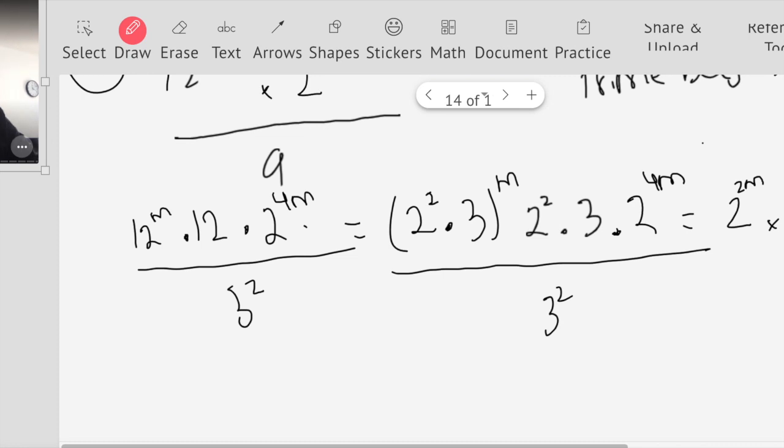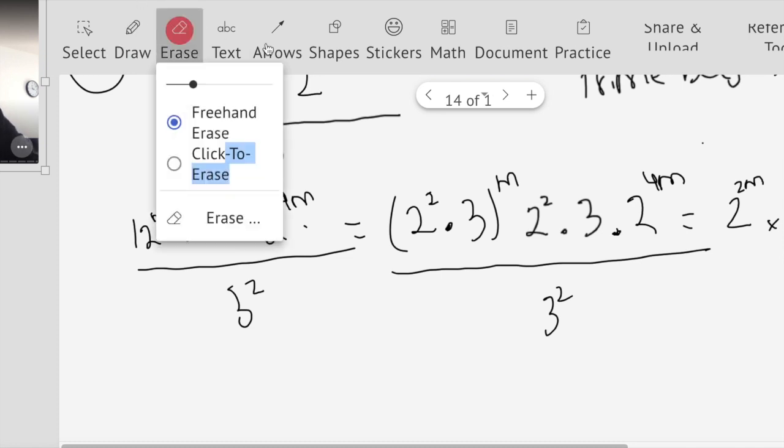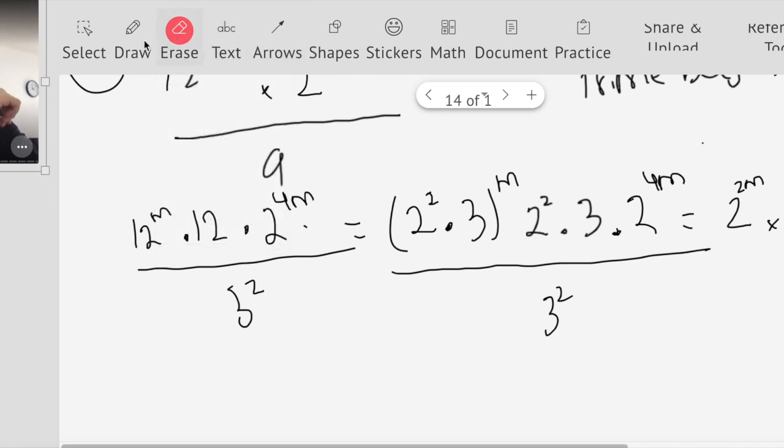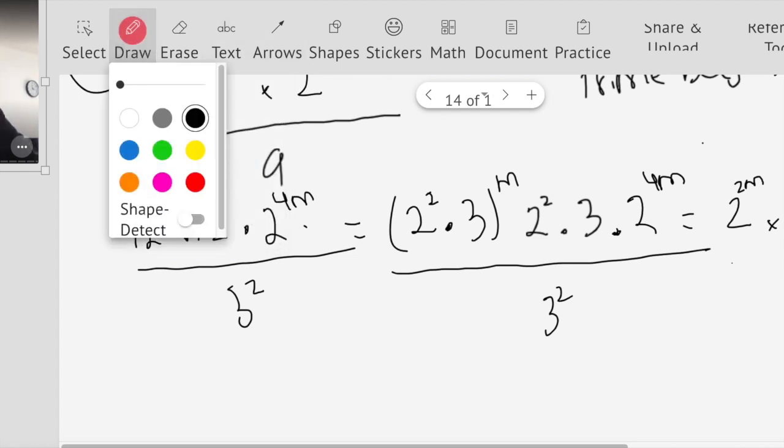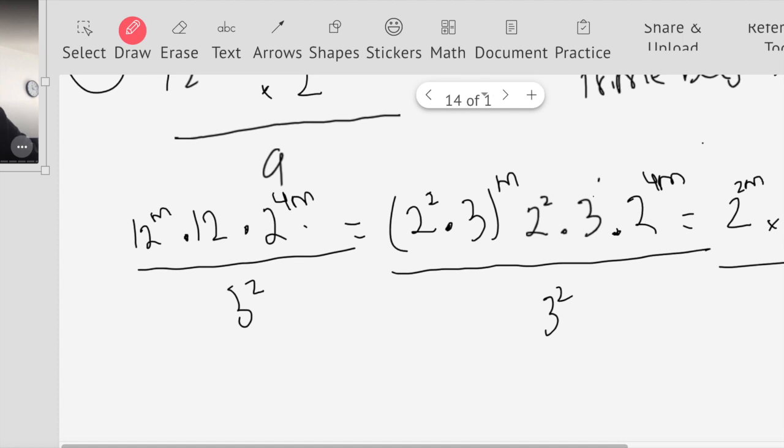Hold on. Yeah. Combine these two. 2 to the 4m plus 2. And then 3. Well, we can cancel, right? We can cancel this 3 with one of these 3's, right?